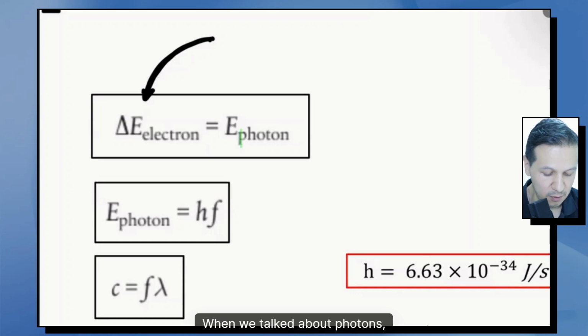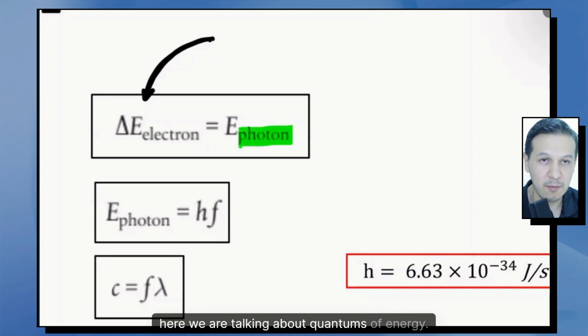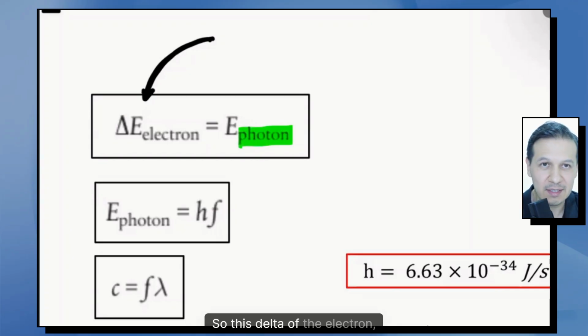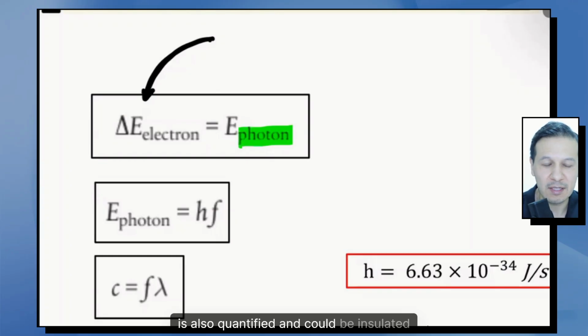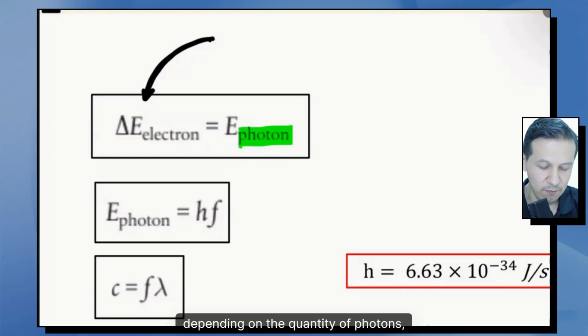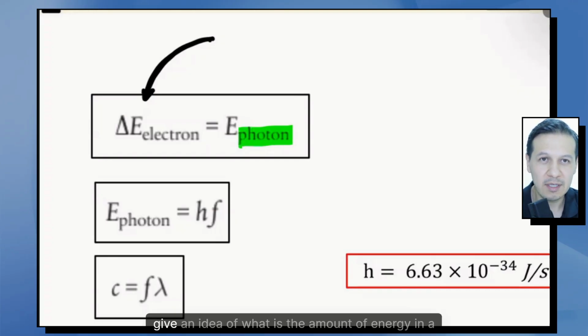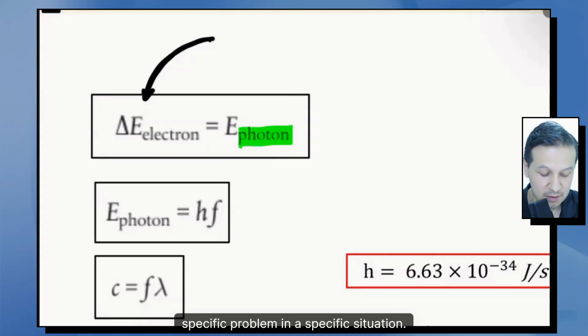When we talk about photons, we are talking about quanta of energy, so we can quantify the energy. So depending on the quantity of photons, we can also get an idea of the amount of energy in a specific situation.